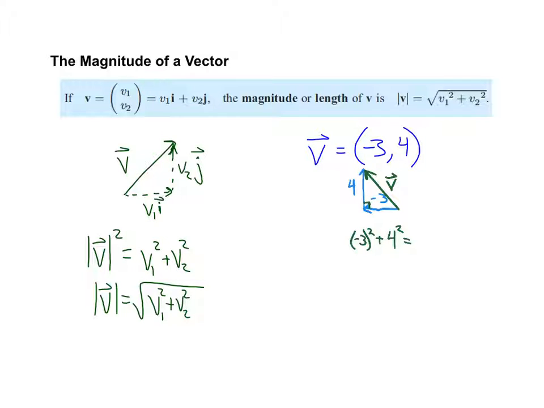And if I just do it that way, it's going to give me my magnitude squared. So I square root the whole thing, so it just gives me the magnitude.